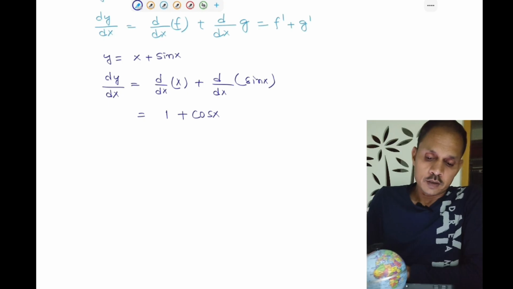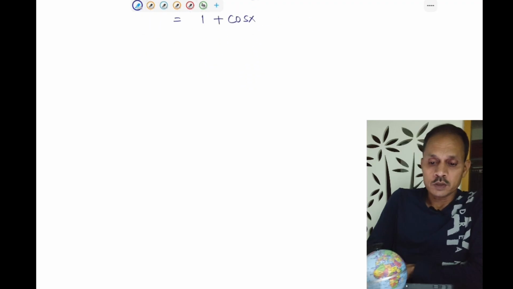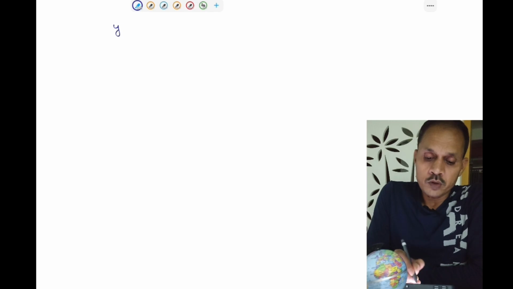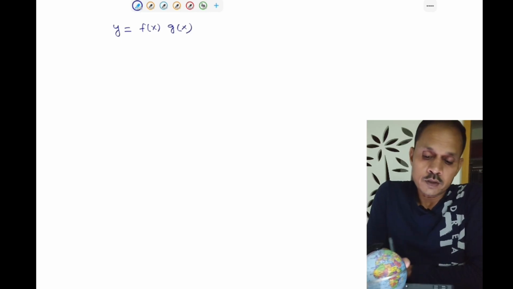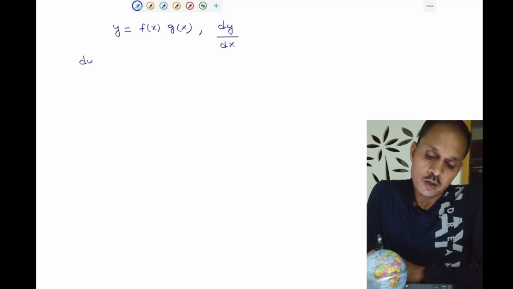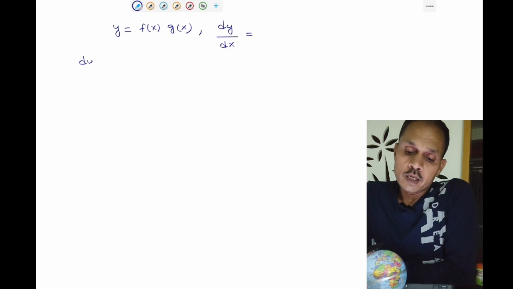Now what if there is multiplication of functions? Let us assume there are 2 functions f and g, and y is equal to f of x into g of x. Then what is dy by dx? The equation is very simple. dy by dx is f into g dash plus g into f dash.